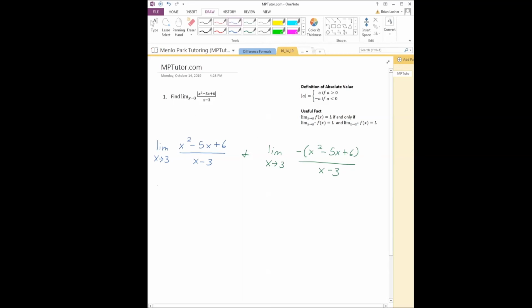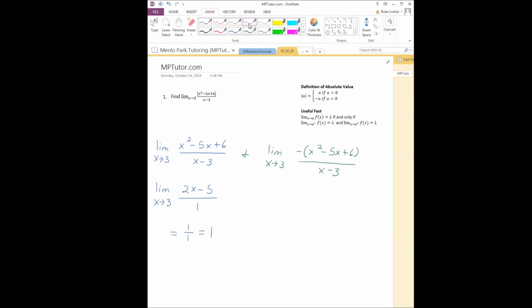When we take the limit, we'll start with the left side as x approaches 3, and the derivative of the numerator is going to be 2x minus 5, and the denominator is just 1. Now we can plug 3 into this, and that gives us 2 times 3, which is 6, minus 5, which is 1. So that's going to give us 1 over 1, which is 1.